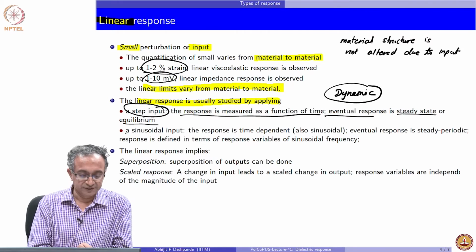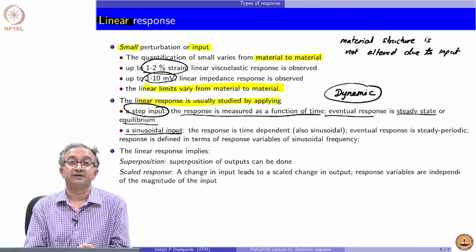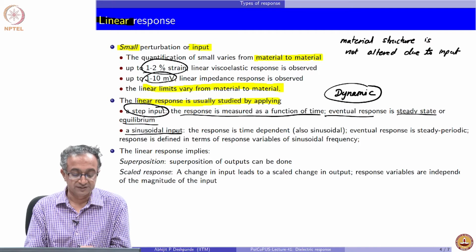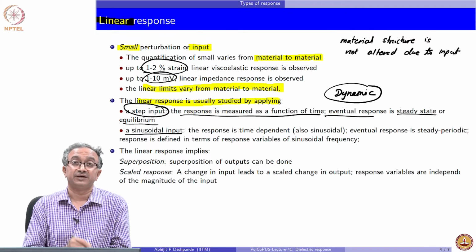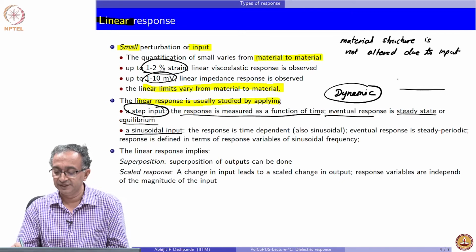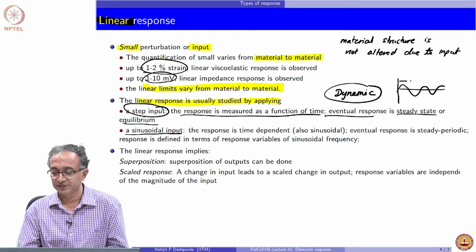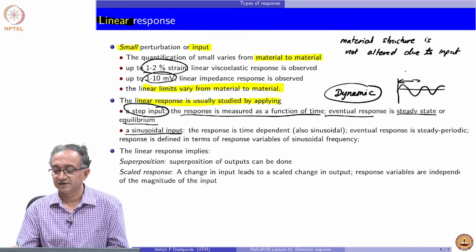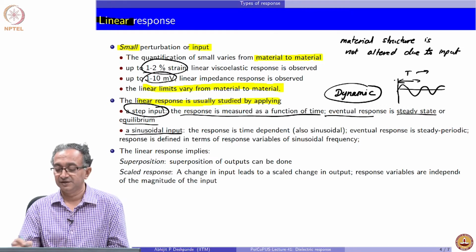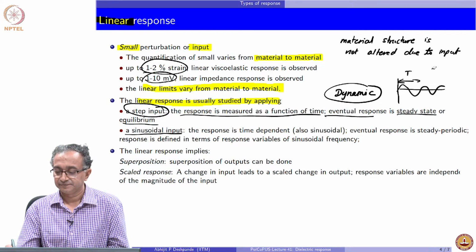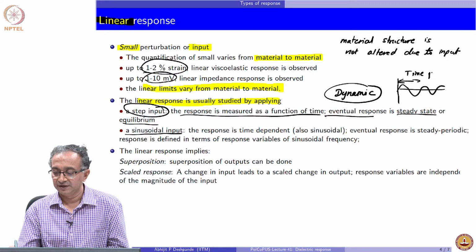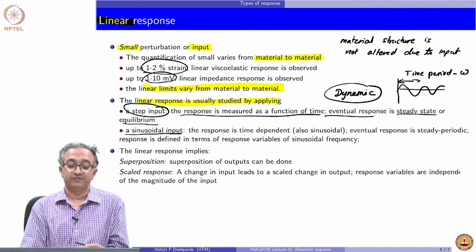Another beautiful way to understand the dynamic properties is sinusoidal input, because sinusoidal input by definition is time varying, and there is a periodicity associated with its time period, and this time period of course is related to the frequency that we are using.